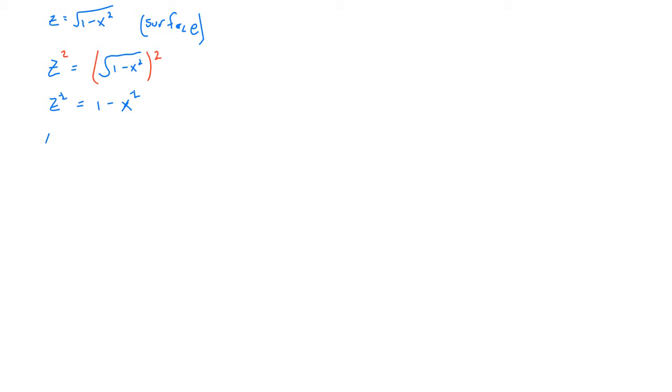Or we could think of that as x squared plus z squared equals 1. Now, what's that an equation of in three-dimensional space? It's a circle in two-dimensional space, but it is indeed a cylinder. That's right, Hunu. This is a cylinder.